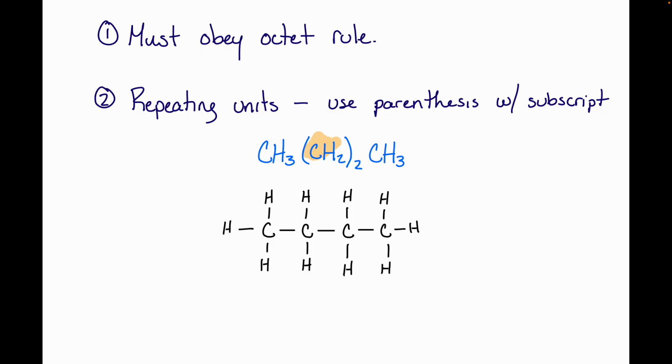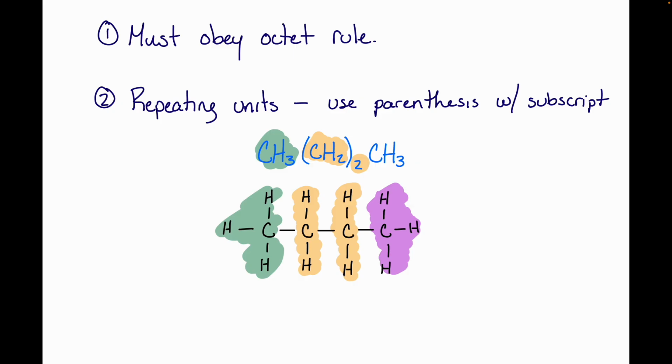So this, with that subscript of 2, represents these 2 repeating units of CH2s. And then we got a CH3 on one end, and we got a CH3 on the other end. Okay?